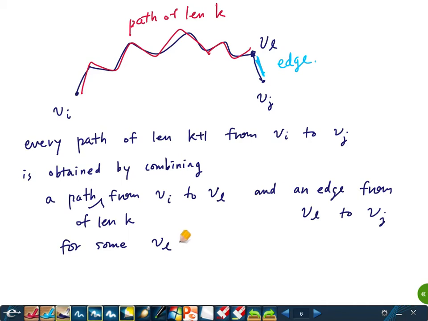Everything is obtained this way, right? And VL can be anything, so we just sum over all L from 1 to n.